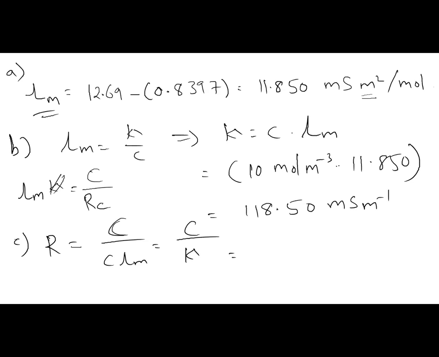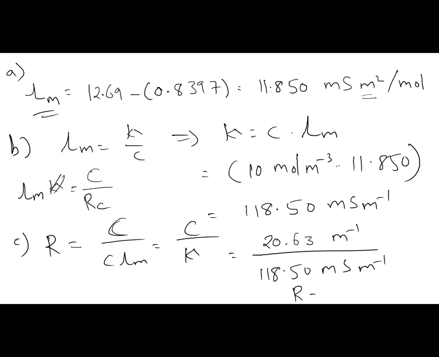So the C value here we had was 0.2063 centimeter inverse, but I'm converting that to meters since our kappa is in terms of meters. So it's going to be 20.63 meter inverse over 118.50 millisiemens per meter.